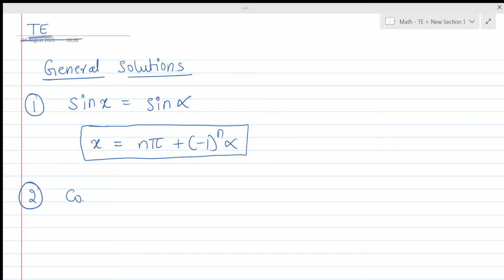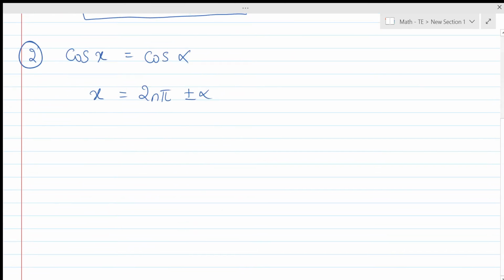The next trigonometric ratio, cos x is equal to cos of alpha. In this case, x can have values 2n pi plus or minus alpha. This is for cos. If you get in any equation cos x is equal to cos alpha, we can directly substitute x is equal to 2n pi plus or minus alpha.